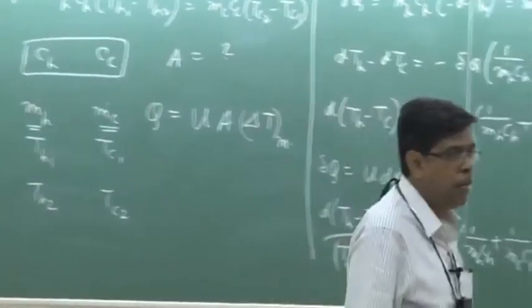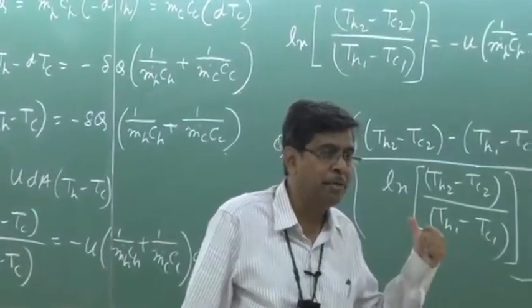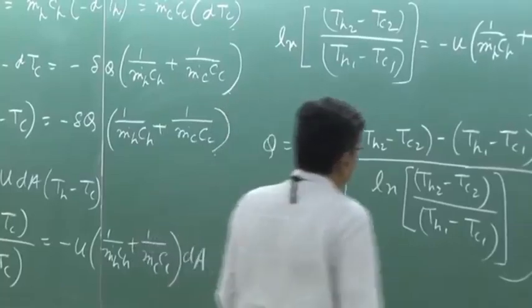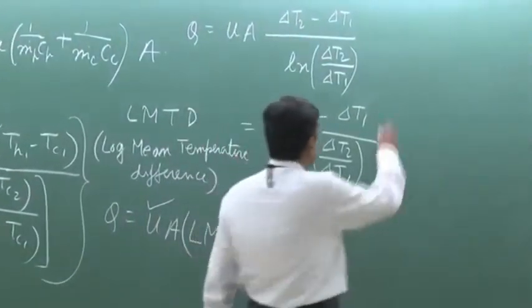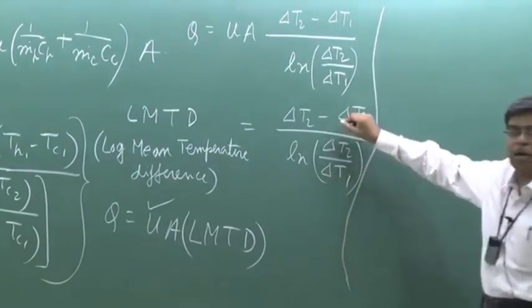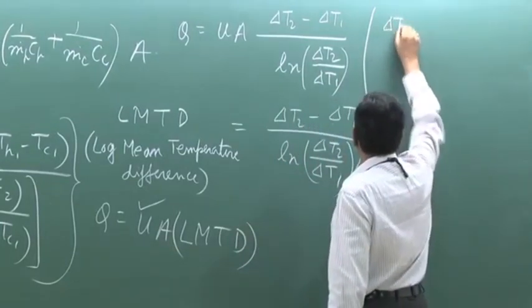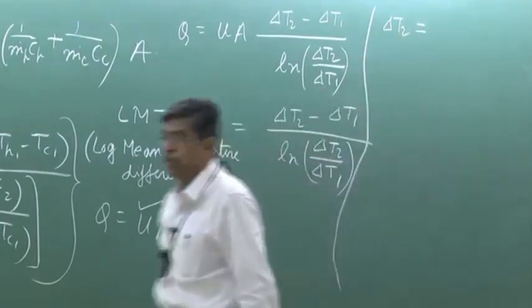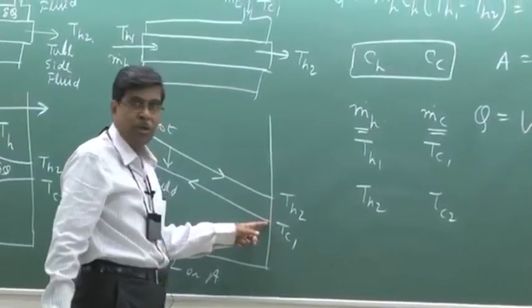Now there is a clue. Very important: if it is a counterflow heat exchanger, how will you derive it? First of all, a counterflow heat exchanger has the same formula, but what is delta T2? For a counterflow heat exchanger, the generic formula is this one. Delta T2 in a counterflow heat exchanger can be taken from any side. There is no inlet or outlet reference, because it is hot fluid inlet and cold fluid inlet.